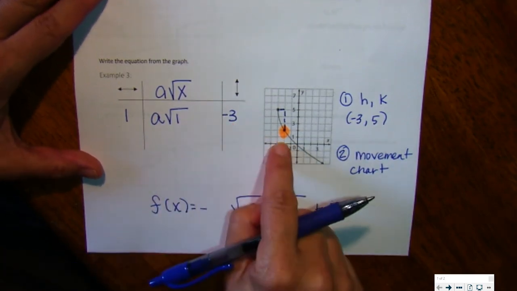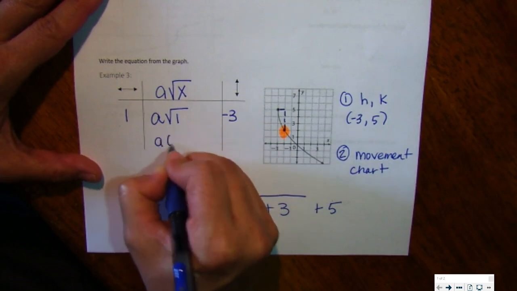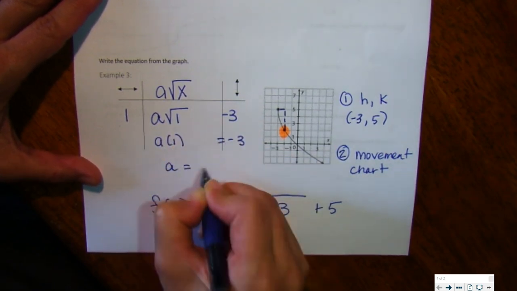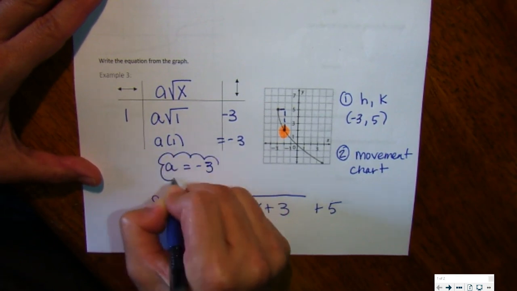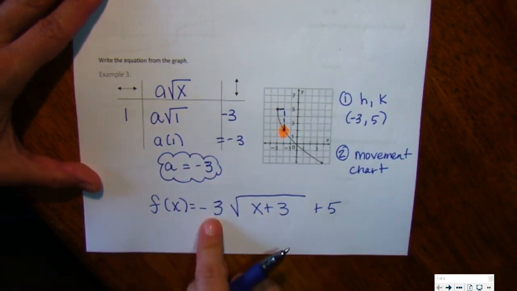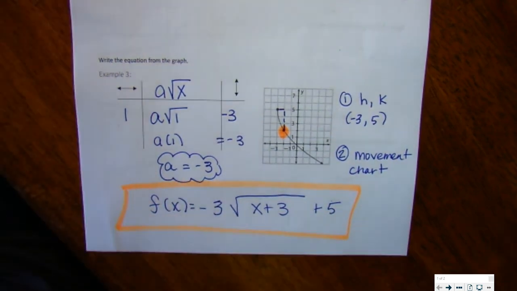And I put -3 because it is down. So the square root of 1 is just 1. So a times 1 equals -3. A has to equal -3. And we already knew that it was negative, so I just have to put that 3 there, and that is going to be the answer for that graph.